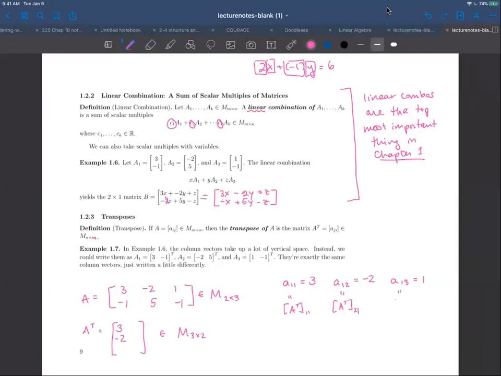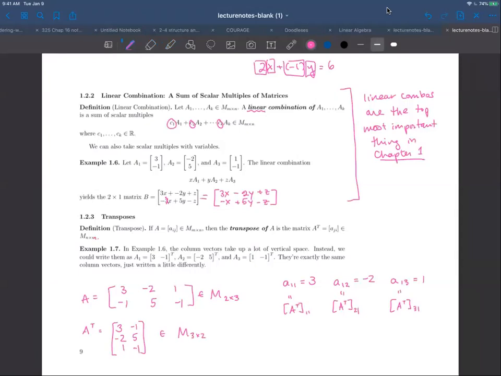And A13 is going to be the 3,1 entry of A transpose, so I get a 1 in the third row, first column. Really, what happened was I made that first row into my first column. That's going to happen with my second row as well. I'm going to get -1, 5, -1 as the second column of A transpose.